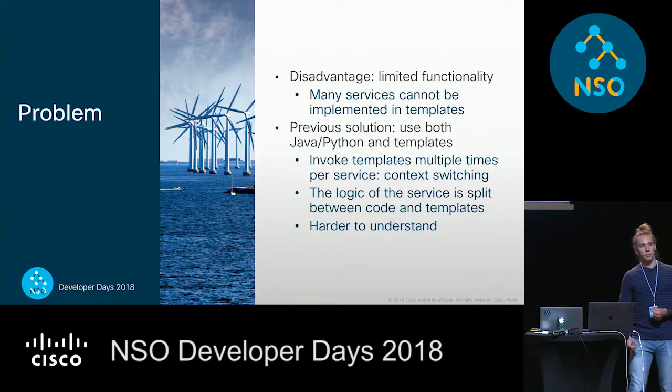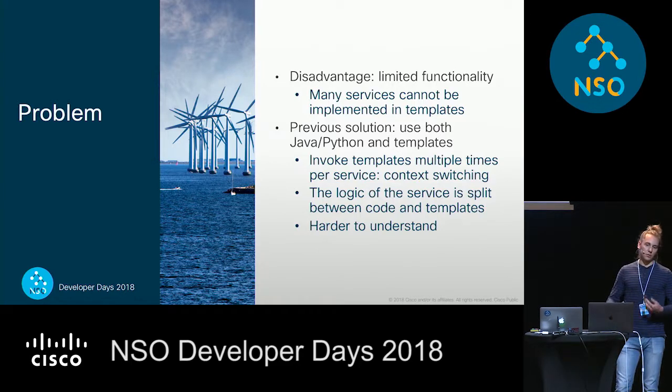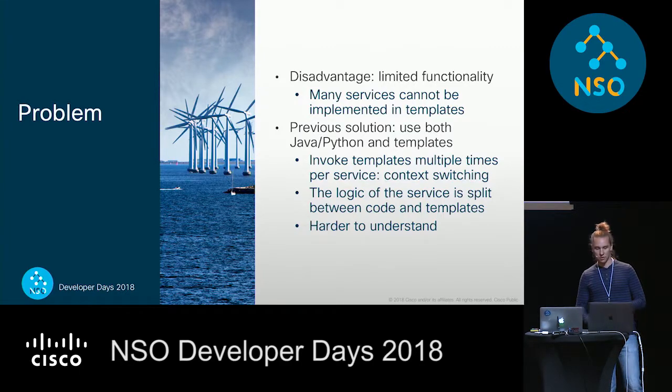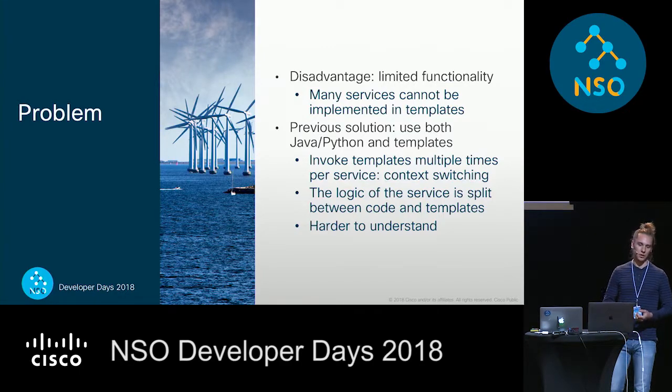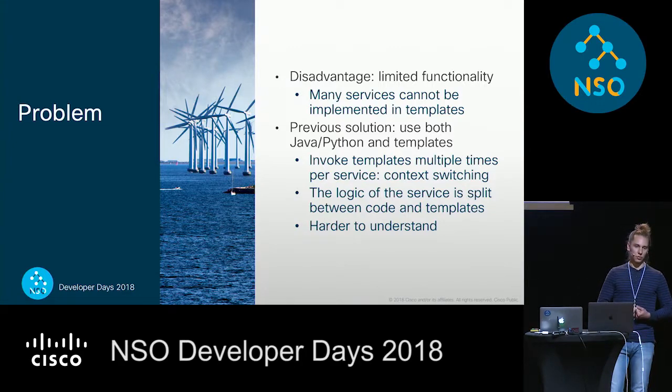But we think that expressing the service in a template alone is easier to understand. It's more straightforward. So what happens now is you have a loop in your code that under a certain condition applies a certain template. And it just becomes a little hard to follow for someone who didn't try this service.